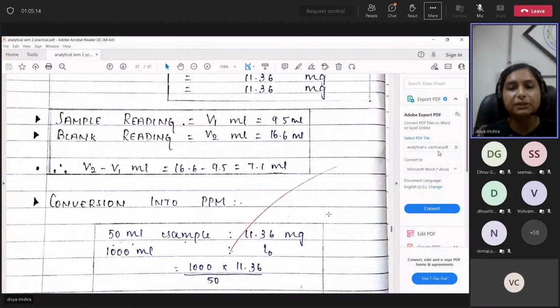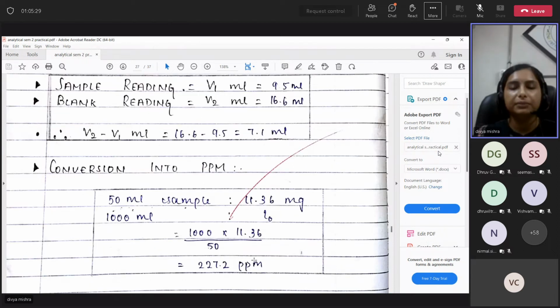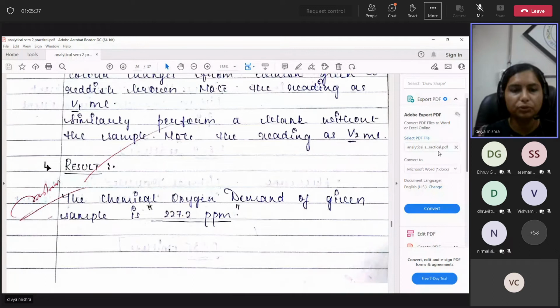Now this much is present in 50 ml because we have taken a 50 ml sample. So how much will be present in 1 liter? Now we are turning it into ppm. This is somewhere around 227.2 ppm. So you will report it as: the chemical oxygen demand of the given sample is found to be around this much ppm. Is it clear to everyone?